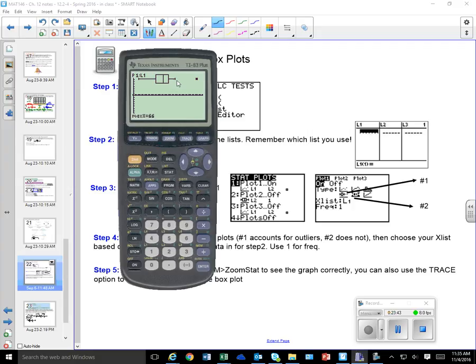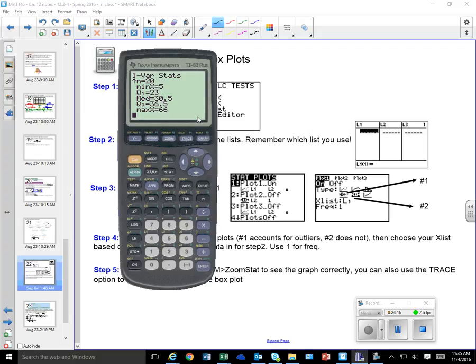The other place we found the 5-number summary is if you do the 1-variable stats. So I go to stat, calculate, and do the 1-variable stats like we did before. My data is in L1 again. Just push enter. For the 5-number summary you have to arrow down here, and these 5 numbers are the 5-number summary.